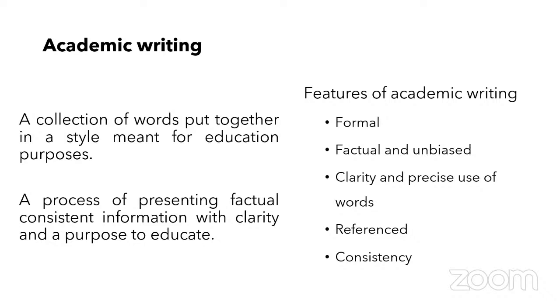Then, when you do academic writing as well, you must acknowledge that you are not the first person that is going to be doing academic writing. The more reason why you have to cite previous writers in the academic field. And that is why you say referenced. So you don't just write an opinion.